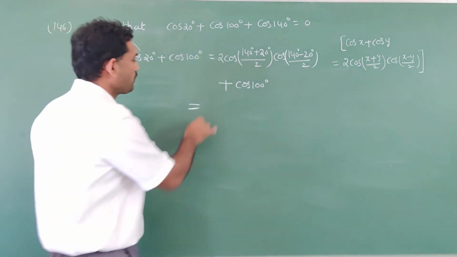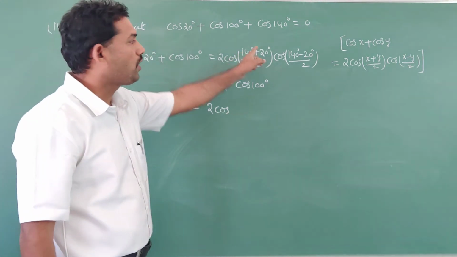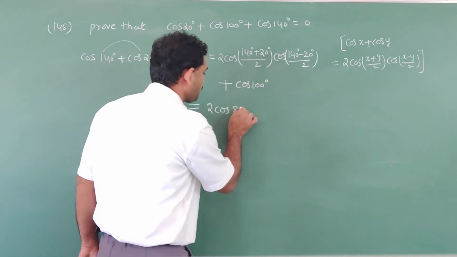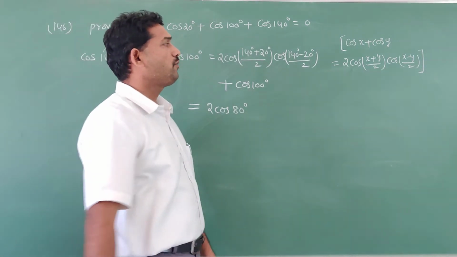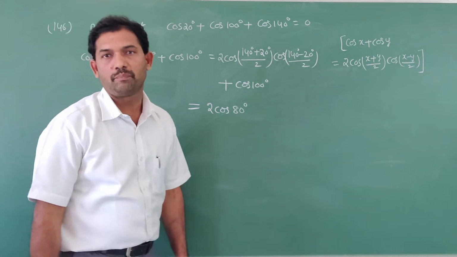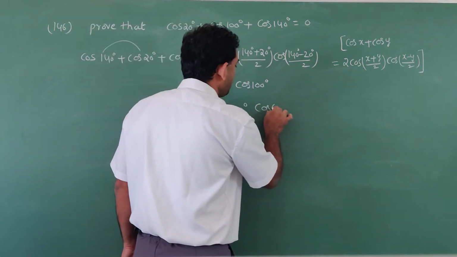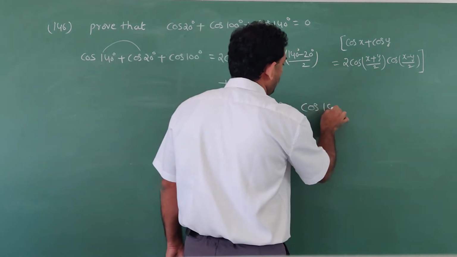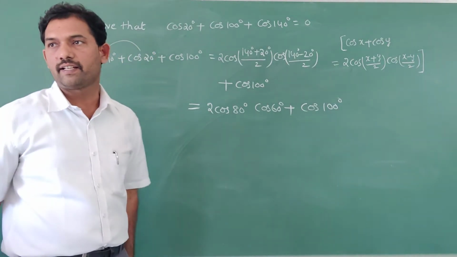Right? Now 2 cos, here you simplify. 140 plus 20 is 160, divided by 2 means 80 degrees. Next, 140 minus 20 is 120, divided by 2 means cos 60 degrees, plus cos 100 degrees. Everything is clear?